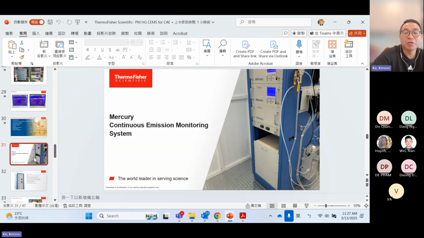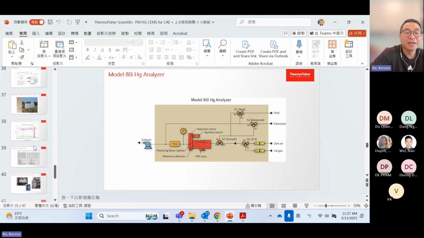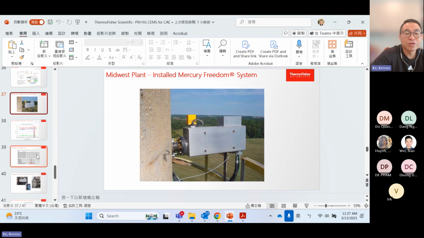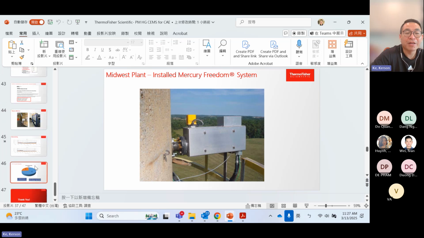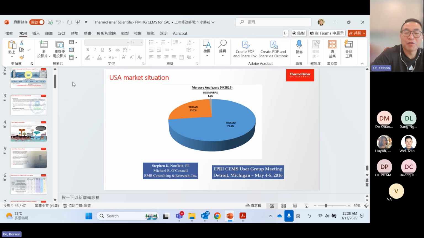Also, I'll share mercury. We have quite a good mercury analyzer in the world, so I'll share some install base. And the most important thing is that in the US we take the majority, more than 70% share, because we have the advanced technology. Just share maybe for next training.